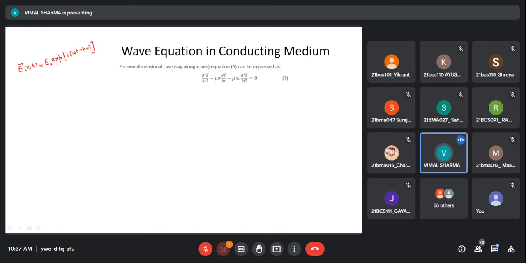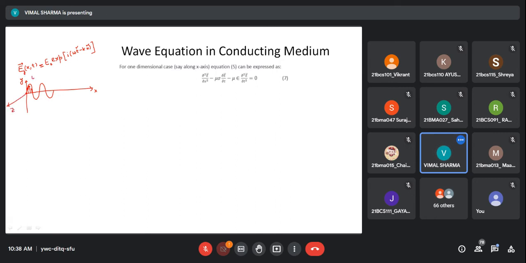This is my electric field, which varies sinusoidally with time as well as with x. It is like this. This is the electromagnetic wave, propagating in this direction. This is the x direction. This is the E component only. I'm not writing the other component, that is the B component. This direction is, suppose, y, and this is z. So I'm writing Ey.